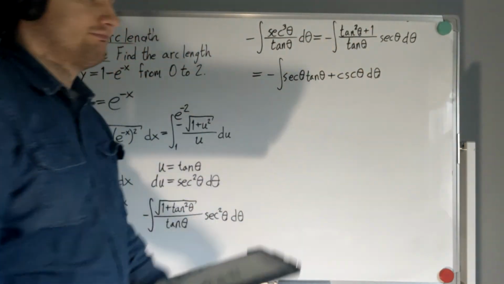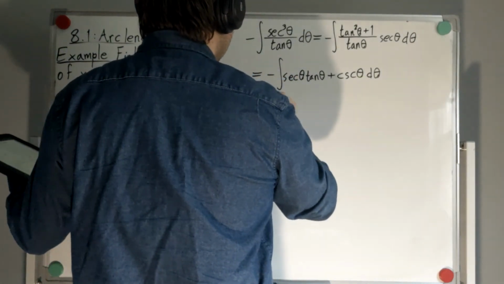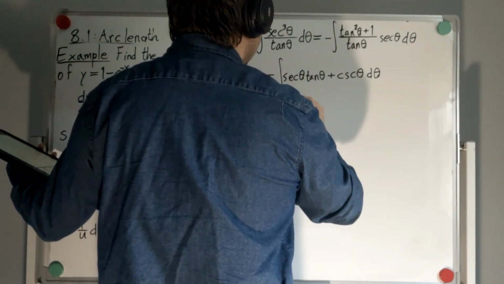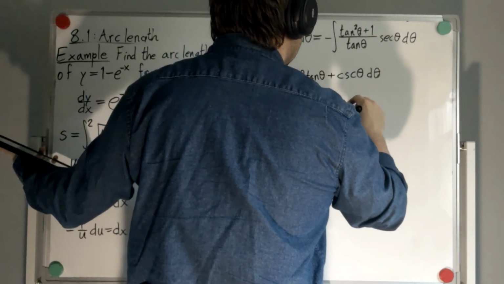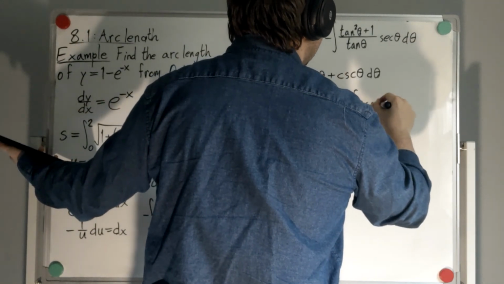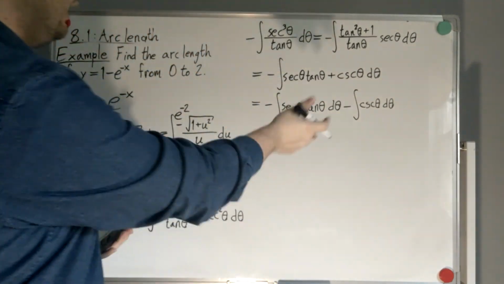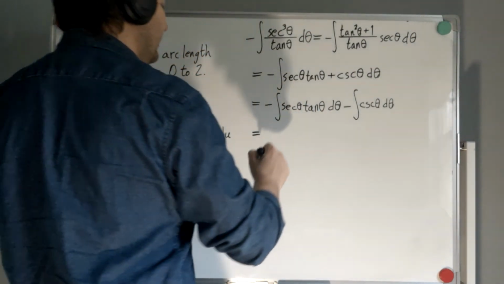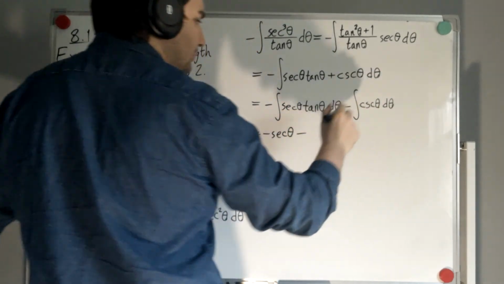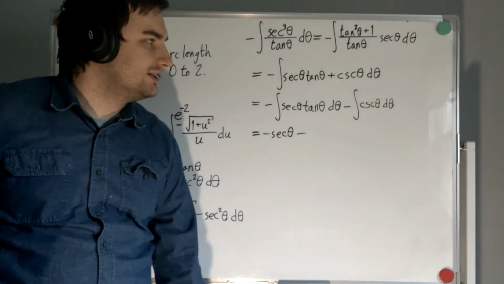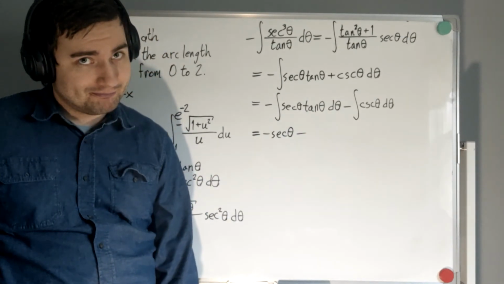So this becomes negative integral of secant theta tangent theta d theta minus integral of cosecant theta d theta. Okay, negative integral of secant theta tangent theta is just negative secant theta. As for this one, it is very similar to finding the antiderivative of secant theta.